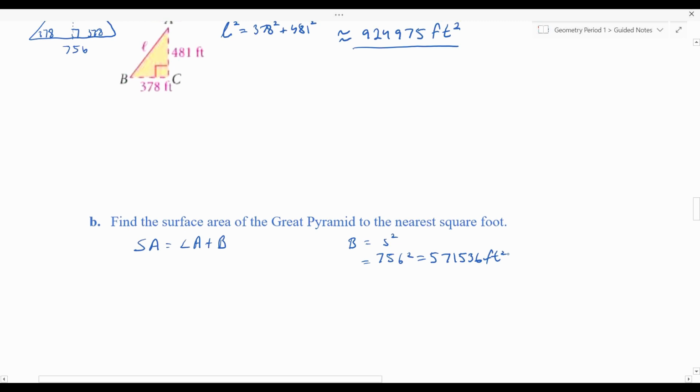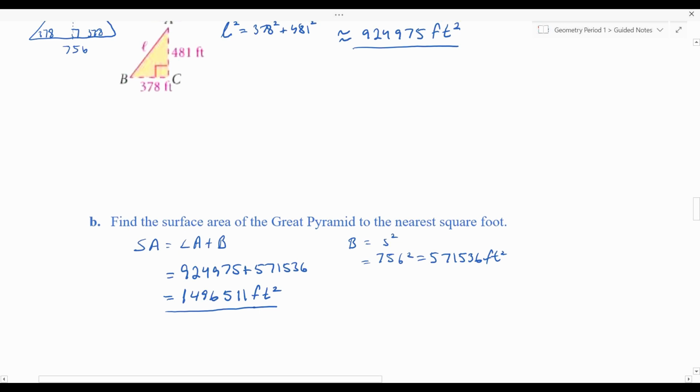Then, since I already know what my lateral area was, I'm just going to recycle that: 924,975 plus the new area that we just found, which is 571,536, and when we add that, we get 1,496,511 feet squared, or squared feet.